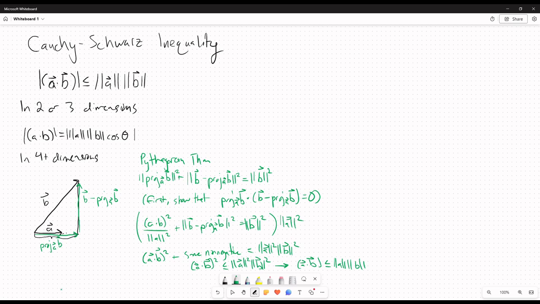So why is the Cauchy Schwarz inequality nice? Well, we'll get to that in the next video, but let's just do a quick example of demonstrating that it's true. So up here, we're going to verify the Cauchy Schwarz inequality.